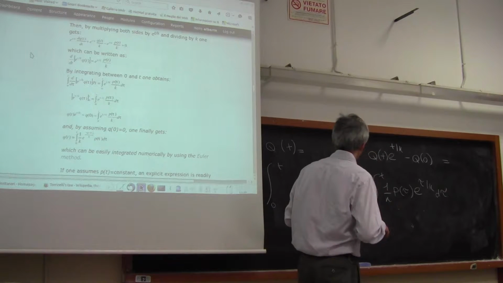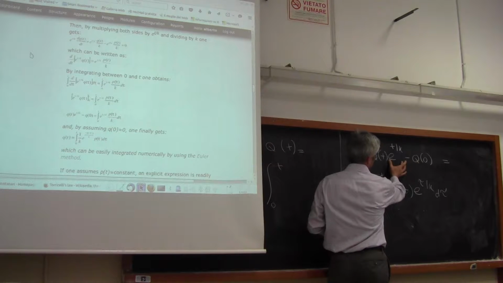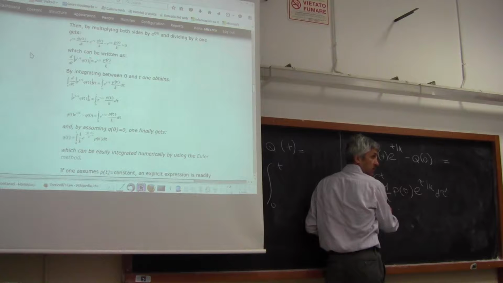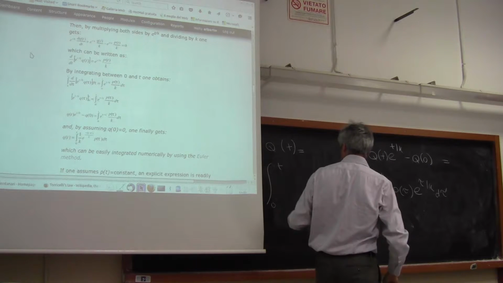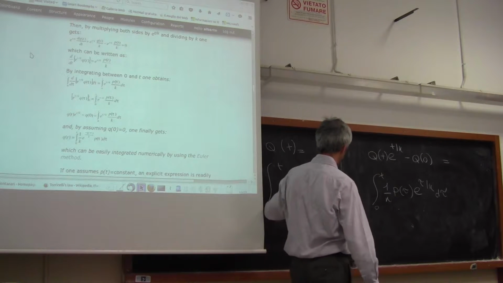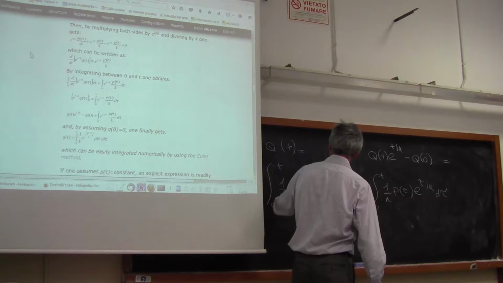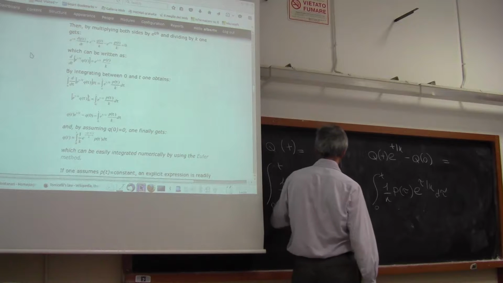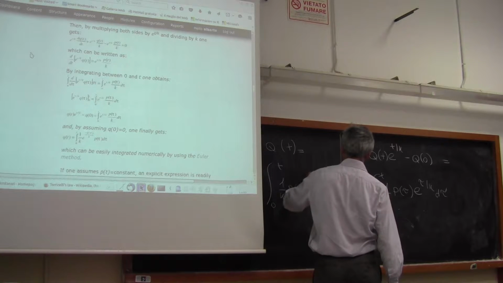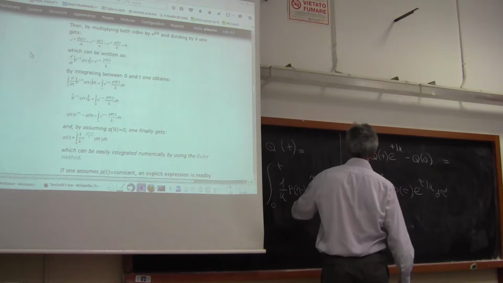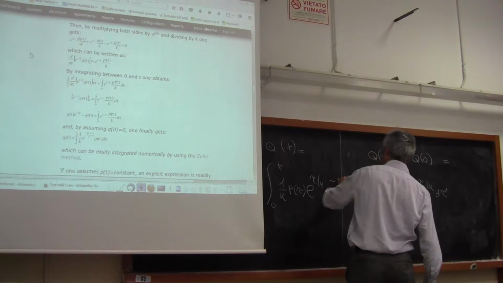And therefore, I can bring this e to the power of t over k inside the integral sign, because it's constant. So let me bring it inside. So it's 1 over k, p tau, which multiplies e to the power of tau over k, times e to the power of minus t over k.